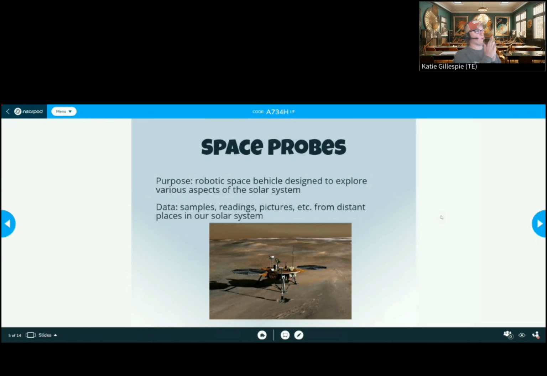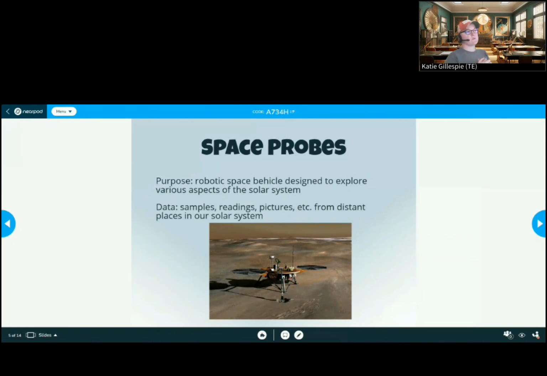A space probe, the rovers, you may have heard of those. Space probes are robotic things that we send out in space, right? We send them out because they need to go to places that it's not safe for humans to go, right? We are concerned with maintaining life, and so these robots allow us to gather data from Mars, for example, what you're seeing there.